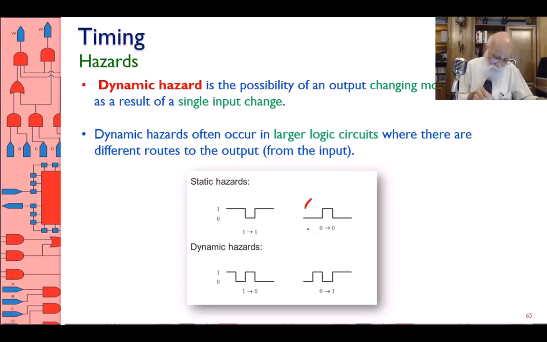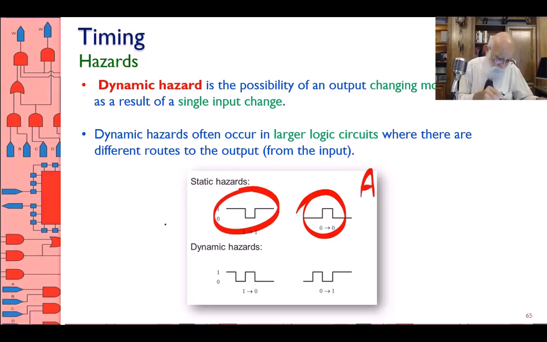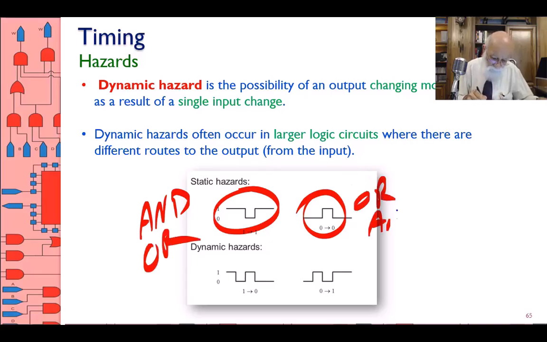You also have zero hazards, which means the output has to stay zero, but then there is a one glitch. That happens for AND-OR circuits. This happens for OR-AND circuits, which means the first layer is several ORs, and then the ORs are being ANDed together.